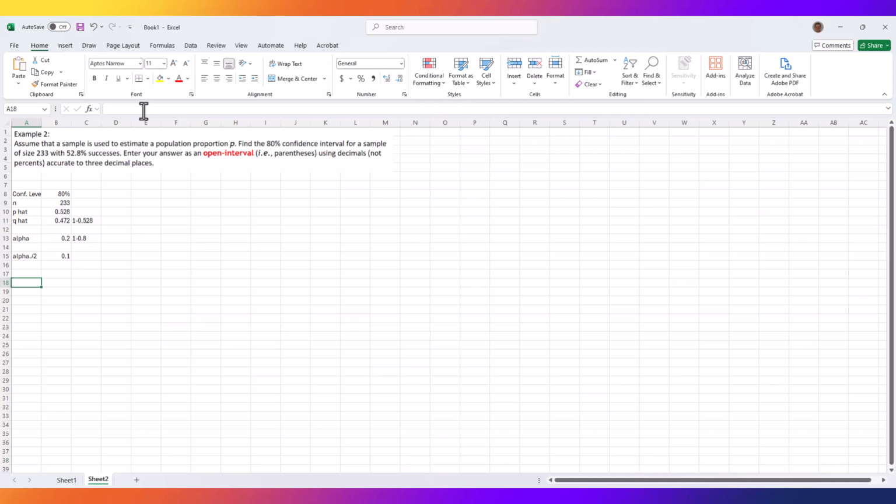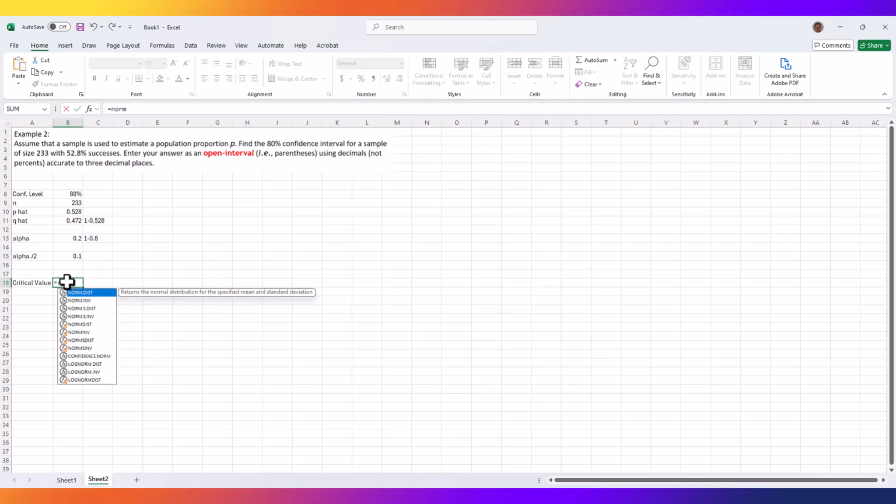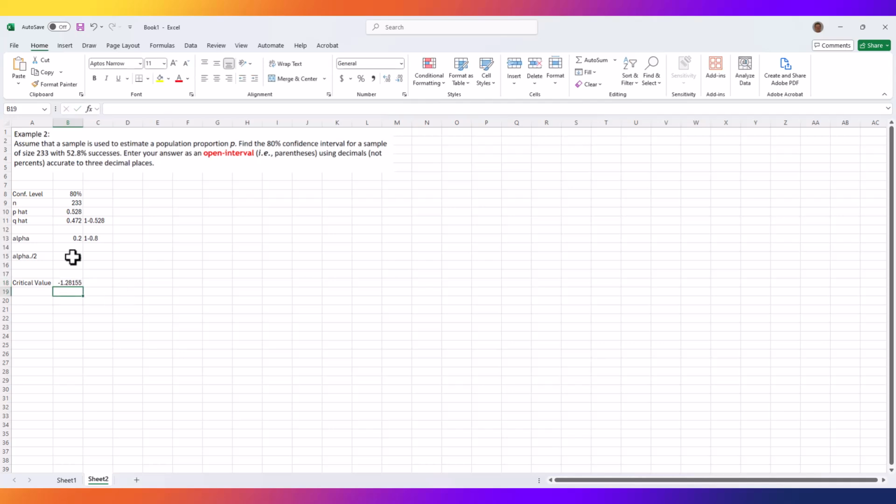And all of that leads us to the critical value. Well, it's going to lead us to more eventually, but for now, the critical value. So normal, standard, inverse. I could click that, but I'm going to go ahead and just snag it here. This is a negative value.